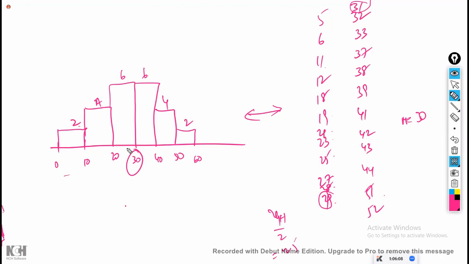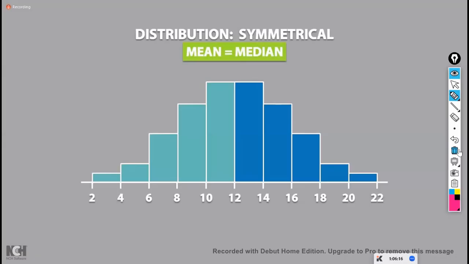For any normal distribution, it has to follow the rule that the mean should be equal to the median. Is that clear? For a symmetrical distribution, the mean is equal to the median. Right?